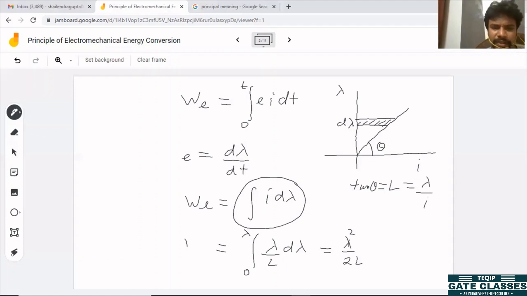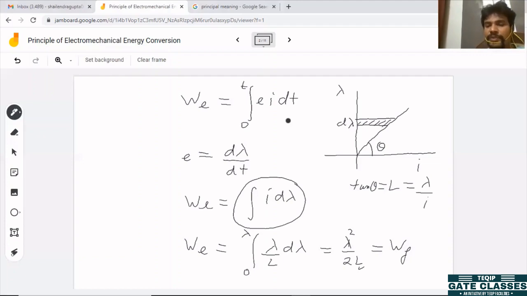This is the energy stored, energy input from the electrical side, and which is equal to the energy stored in the field. So we can see here, if we have got the flux linkage with the coil and inductance in this circuit, then we can calculate the energy stored in the field.